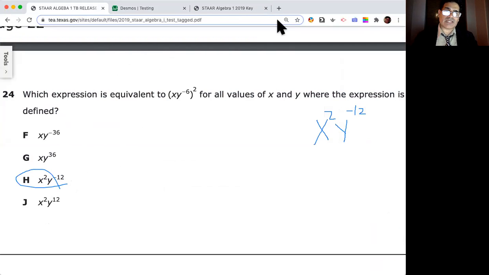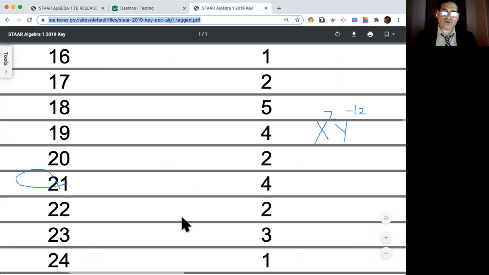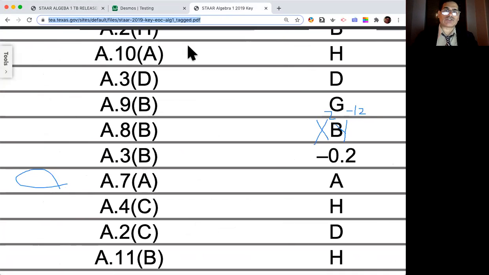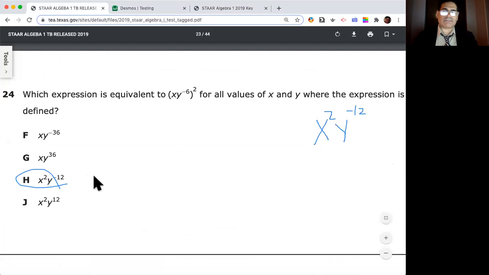Let's check our answer sheet. That is number 24, and H. Yeah, there you go. Desmos helps us with that because sometimes it can be a little tricky.